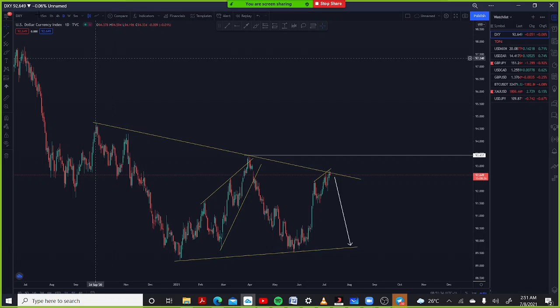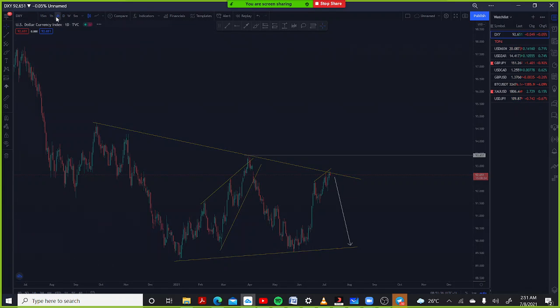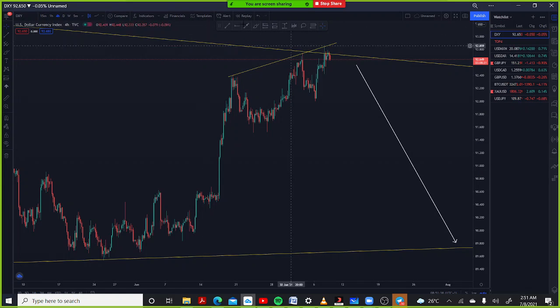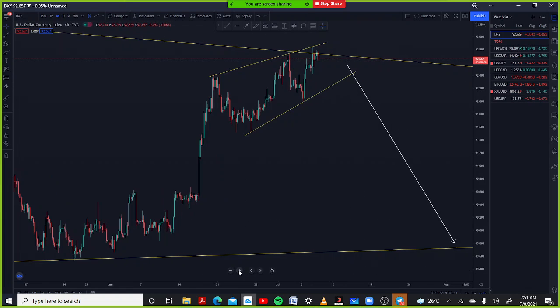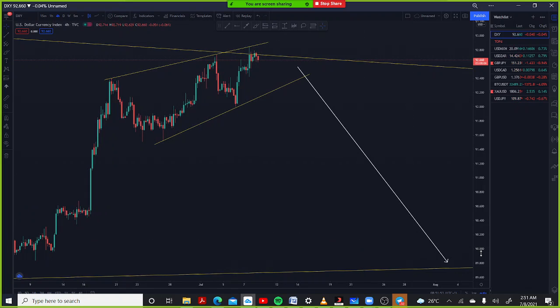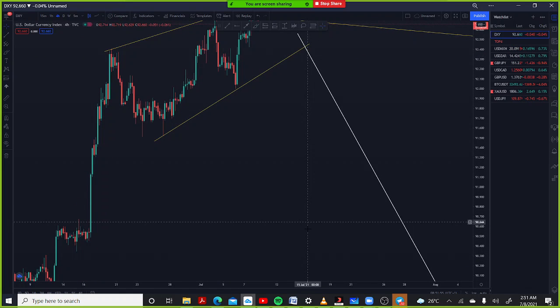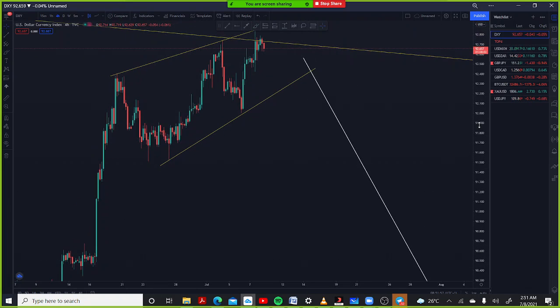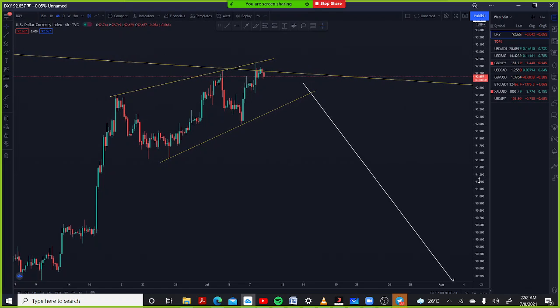So what we'll do, we'll go over to the 4-hour, and we'll have a very nice looking structure here, and we're going to zoom in to see what price has in store for us.